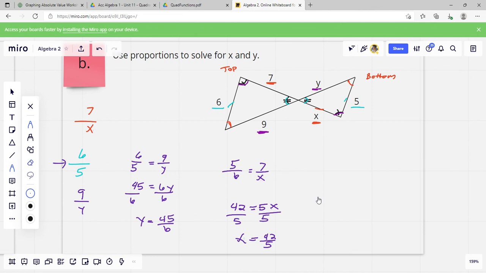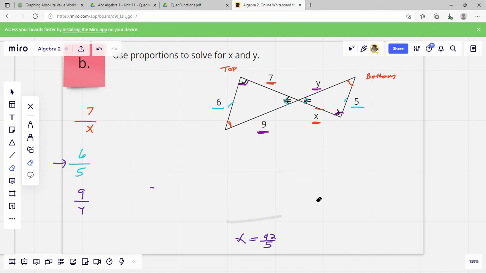Let me figure this out. Make sure I don't have my tops and bottoms mixed up. Okay, so I should have 7 over x, 6 over 5, 9 over y. So if I've got 6 over 5, 7 times 5 is 35 equals 6x.